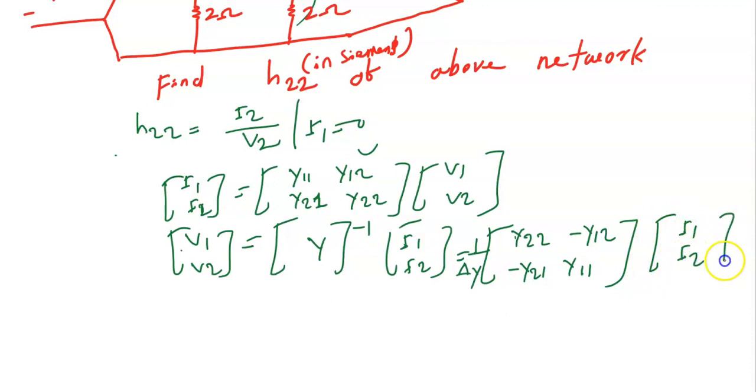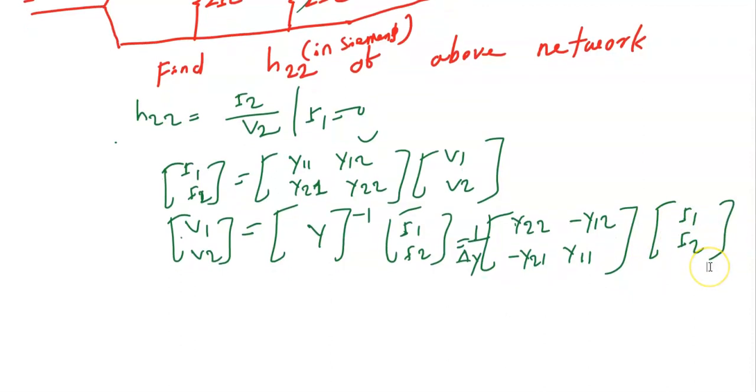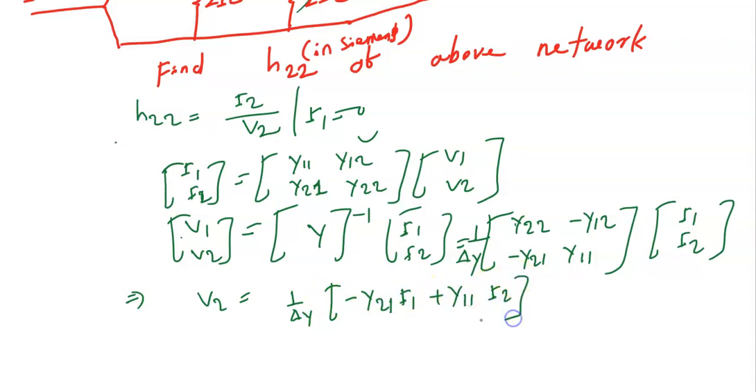I1, I2. Now you can see that when I put I1 equal to 0, I will have the second equation. You write the second equation: V2 is equal to 1 upon del y, minus y21 I1 plus y11 I2.